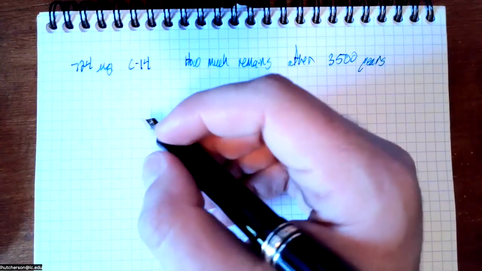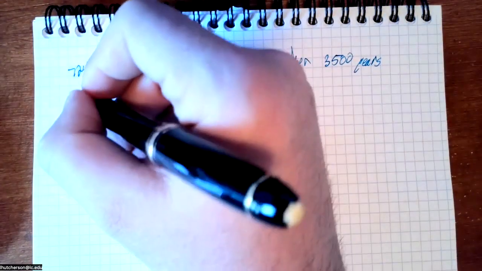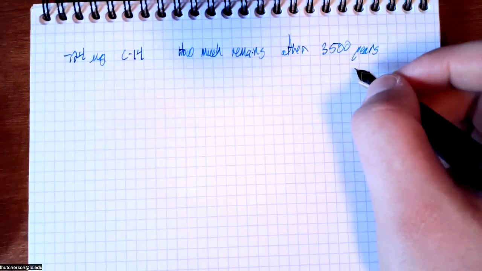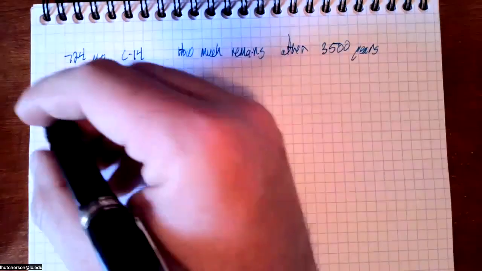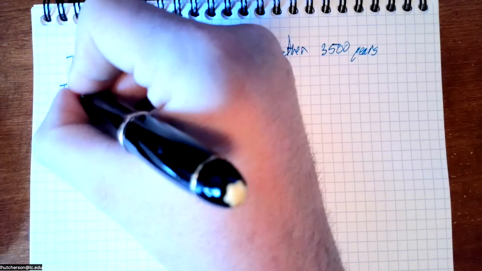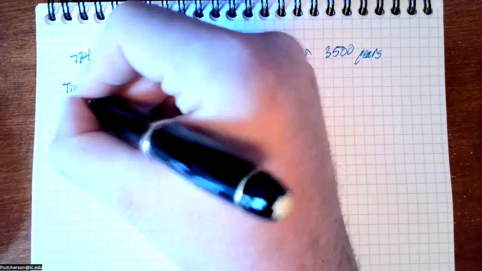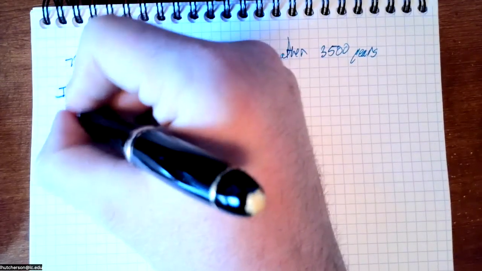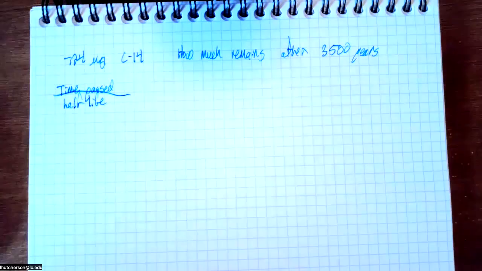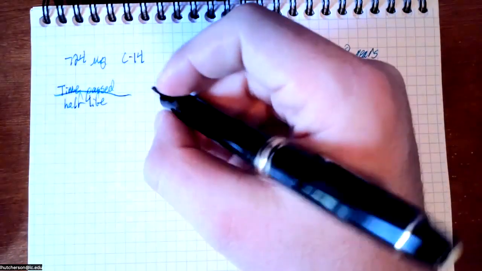So to do this, I'm going to use a couple of equations. First thing I'm going to do is find how many half-lives we've gone through. To do that, I need to divide time passed by the half-life. Time passed divided by the half-life.